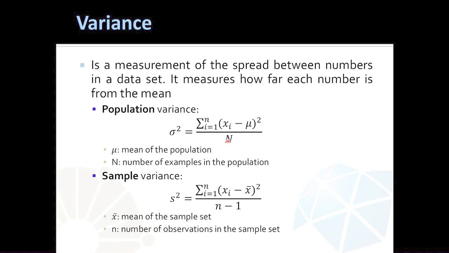However, if I'm computing the variance of a sample of the population, squared S is equal to the sum of the squared distances of all points to the mean of the sample set divided by n minus 1. This n minus 1 in the formula occurs due to Bessel's correction.